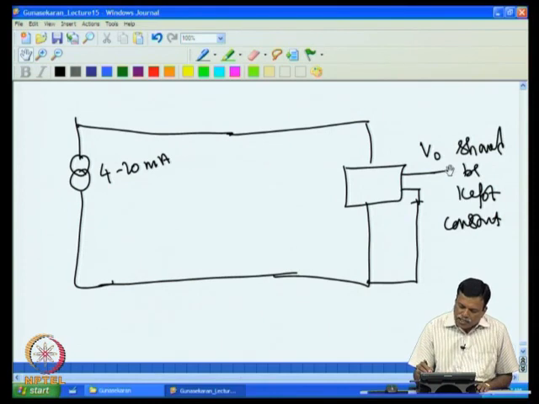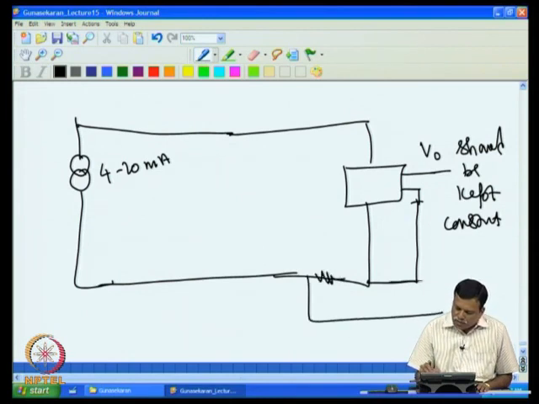That is one requirement. The second one is that the current flowing through this is sensed invariably using a resistance, and this voltage is actually V input, or what we call V signal. So this V signal gives you the current information. If the current is 4 milliampere, you will get some voltage.